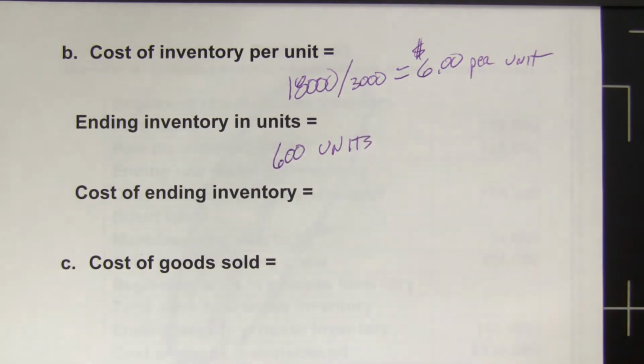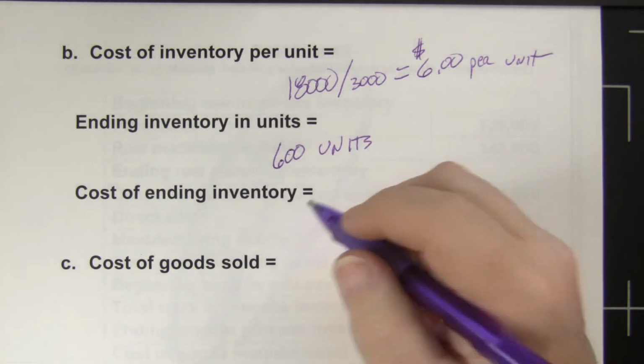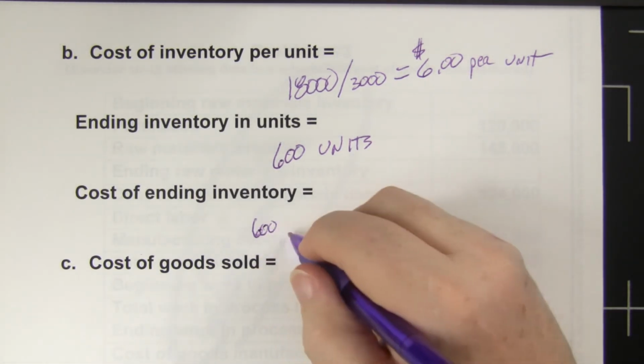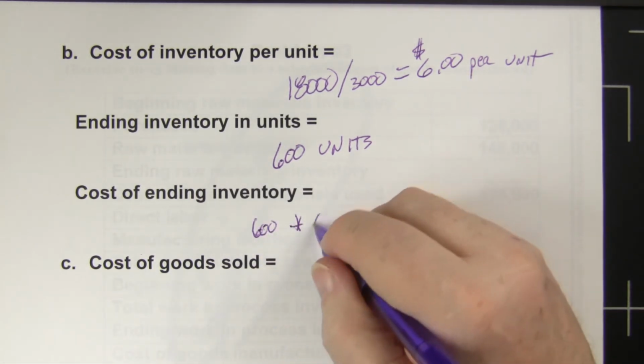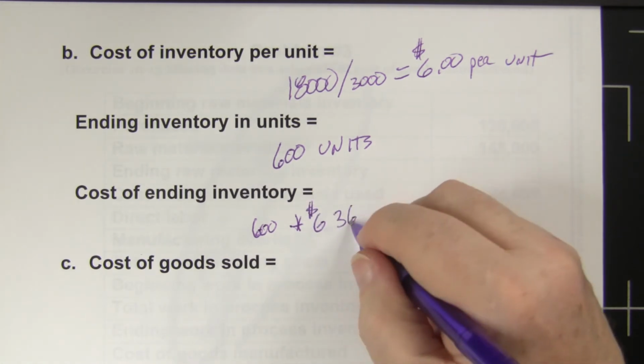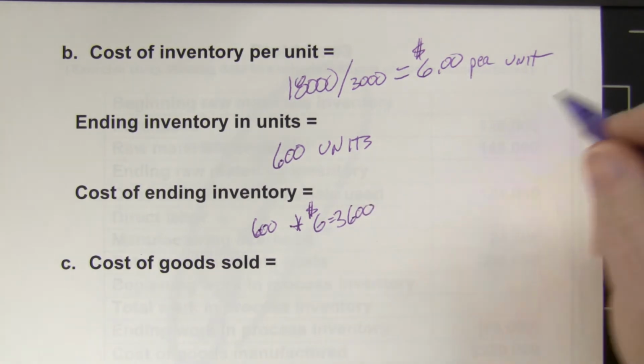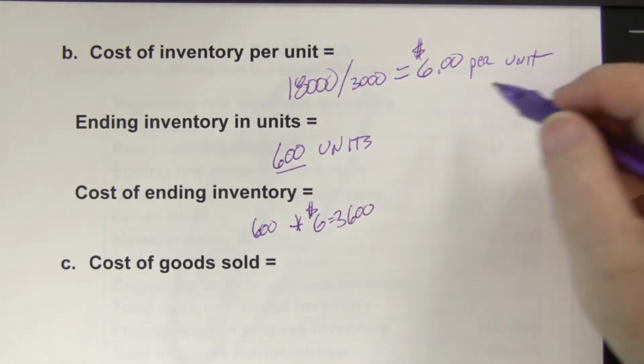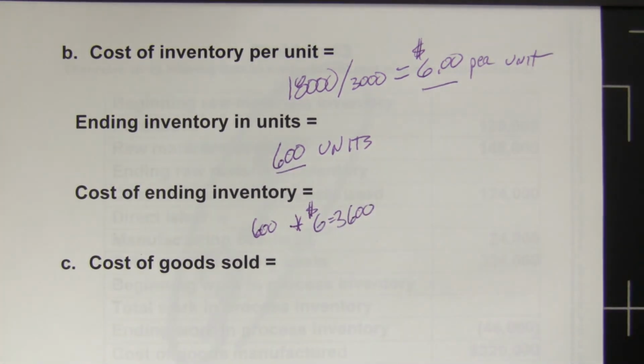And when you're doing managerial accounting, it's to your advantage to label everything. The cost of the ending units is the 600 units times the $6 per unit, $3,600. 600 units, $6 per unit.